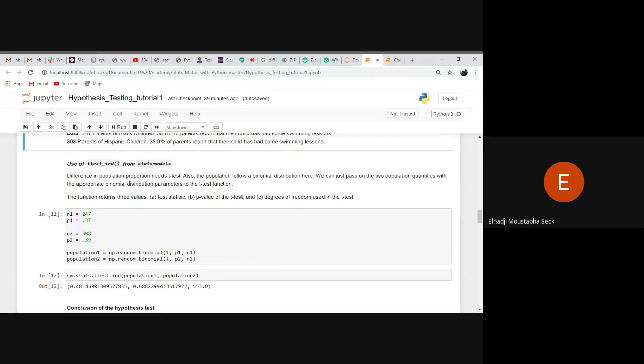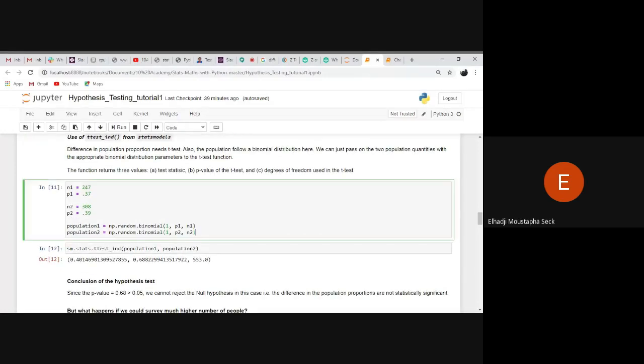So I have P1 and N1 and P2 and N2, and here I just have one line. I have to do it at once, right? So let me run this command line. I have these two samples, and I'm performing a hypothesis test on them to see if the proportions are similar or not.